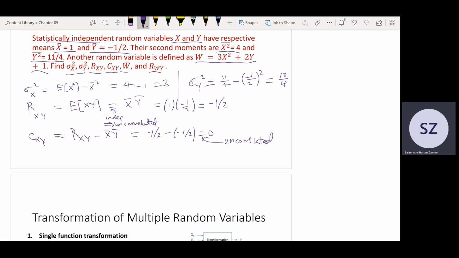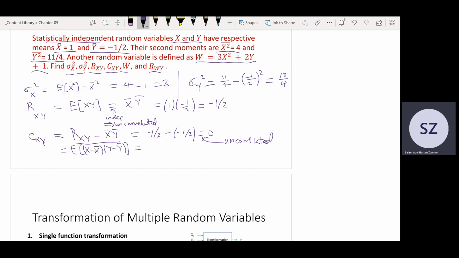So if you forget this, guys, you can always go back to the definition and open up the square. You don't have to remember everything. You can write this as expected value of x minus x bar, y minus y bar, right?